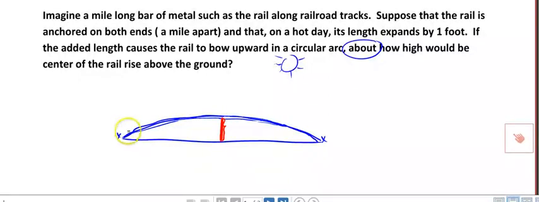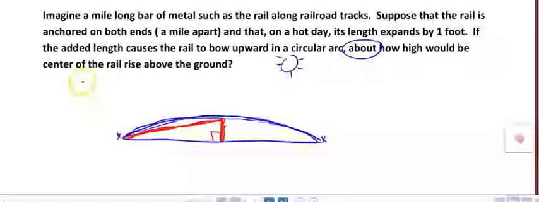So if I drew from the anchored end upwards to that high part in the middle, the top of that bow, I could form a right triangle. So I'm going to use the method of working with right triangles to help me find an approximate height to this rail. So think about a right triangle.